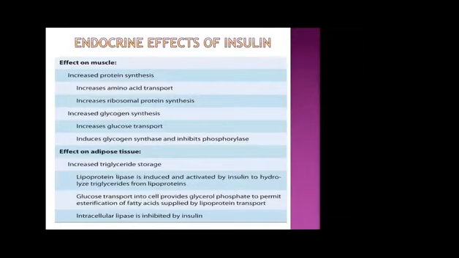Next, what about in the muscle? Actually, in the muscle, it's more of protein and glycogen synthesis. In the muscle, there is increased production of proteins because of enhanced amino acid transport and also ribosomal protein synthesis or translation.